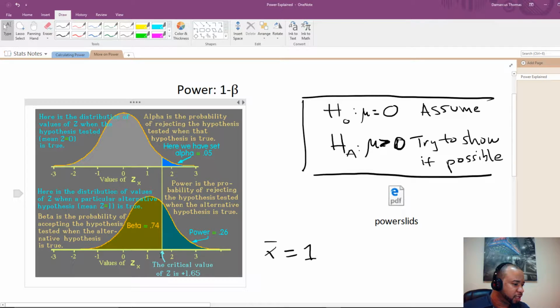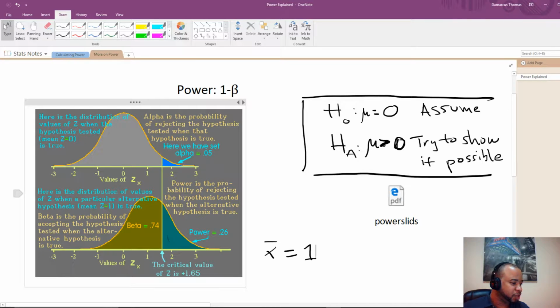And as you can see, beta is represented by the shaded region, it is the probability of accepting the hypothesis tested when the alternative hypothesis is true. And then 1 minus beta is called the power. Power is the probability of rejecting the hypothesis tested when the alternative hypothesis is true.